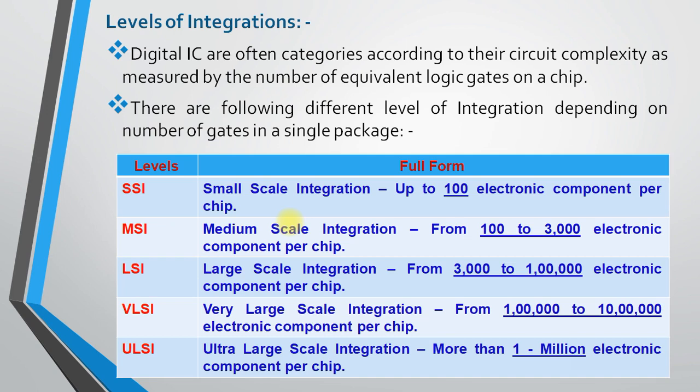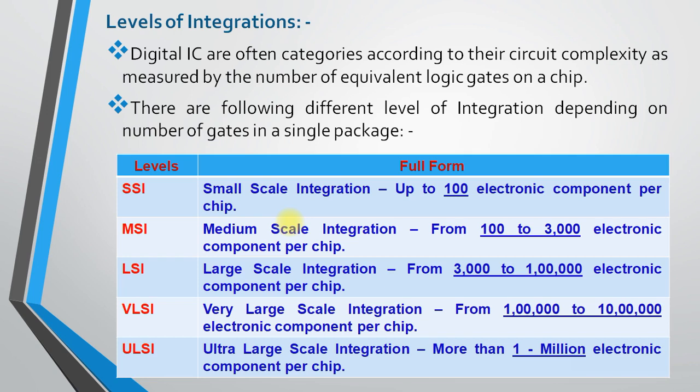The next is called VLSI. It gives you the facility to bound electronic components between 1 lakh to 10 lakh. And the last level is known as ultra large scale integration, which is the highest or most complex circuit in which you are able to bound more than 1 million electronic components per chip. So these all are the levels of integration.